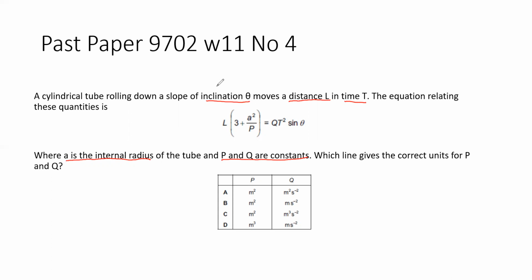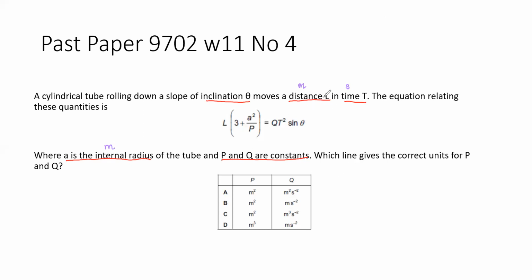Inclination, the unit is degrees. Degrees is not an SI unit, so we can ignore it. Distance L, the unit is meters. Time t, the unit is seconds, and the internal radius, its unit is meters. P and Q are constants, so we need to find the units of P and Q.